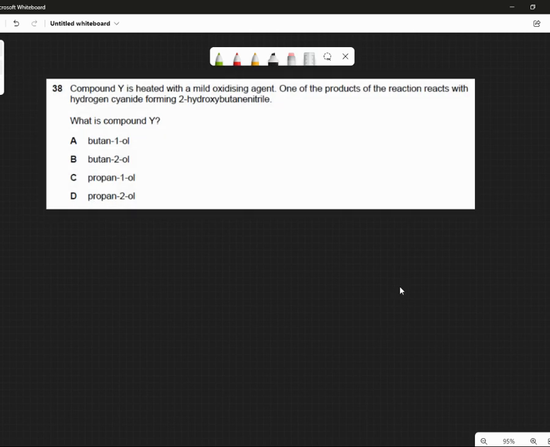All right. Compound Y is heated with a mild oxidizing agent. One of the products of the reaction reacts with hydrogen cyanide, forming 2-hydroxybutane nitrile. What is compound Y? Right, now, here we go. Compound Y is heated with a mild oxidizing agent.